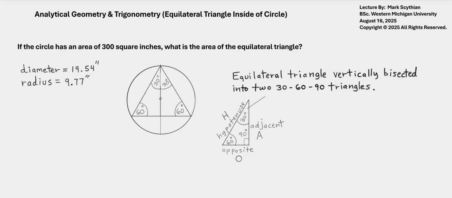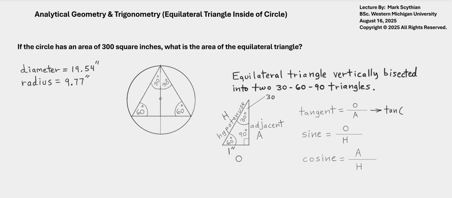We can assign a value of 1 to the opposite side, but first we have to define the trig functions. Tangent is opposite divided into adjacent, sine is opposite divided into hypotenuse, and cosine is adjacent divided into hypotenuse.